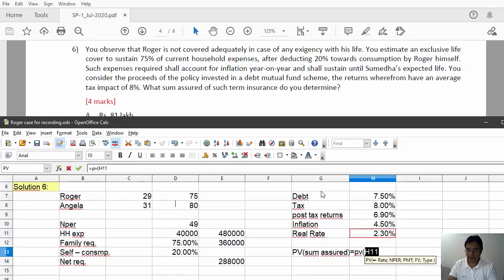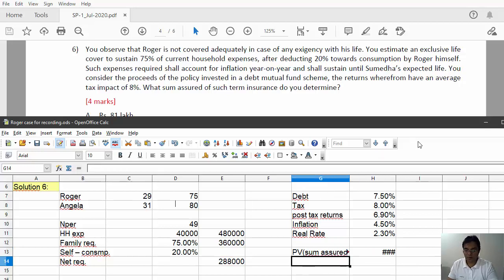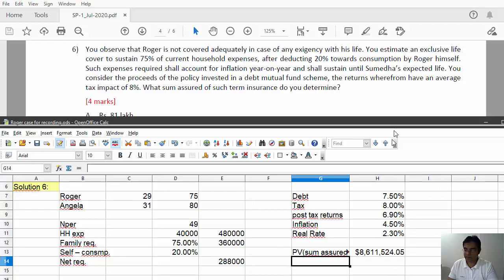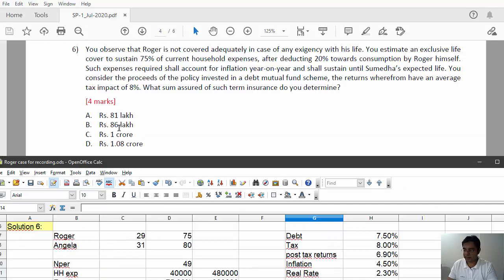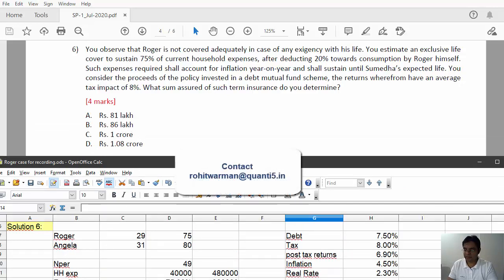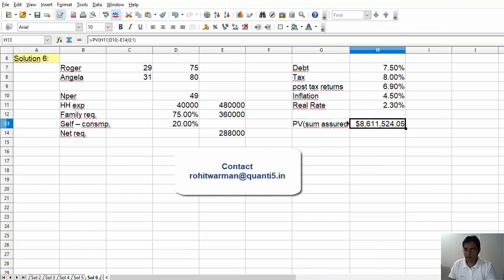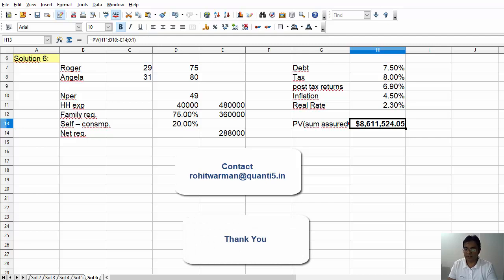So the rate is the real rate, NPER is 49 years, the periodical payment is minus, so that the answer is positive, which is the net requirement, future value is 0, and lastly the fund required will be in the beginning, so type 1. And what we are getting is 86.11 lakh. And option B is the appropriate one. Okay, so this is how we find the cover, or the sum assured, that Roger requires.